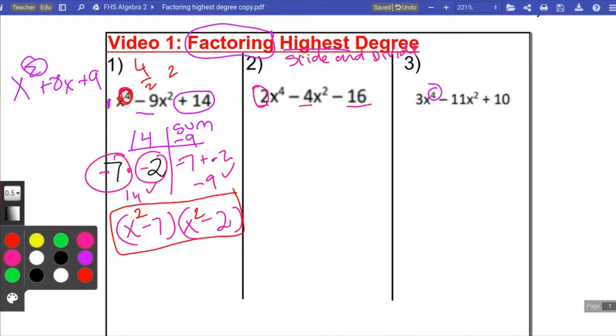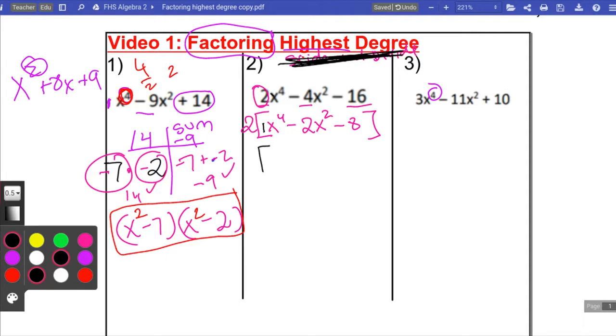Yes, 2 can go into all of that. So you can factor out the 2. If you take the 2 out, you have x^4. You take the 2 out, you have -2 left. Then you take the 2, you have 8 left, right? Now, I don't need the slide and divide for this anymore because the A value is 1.